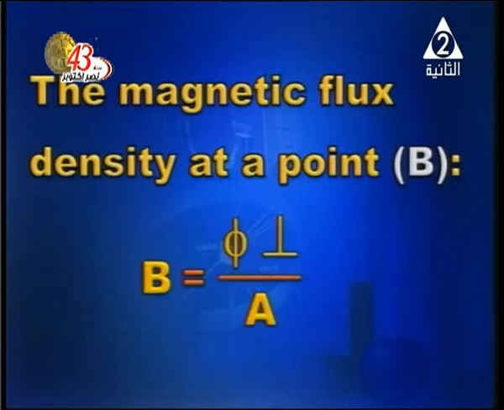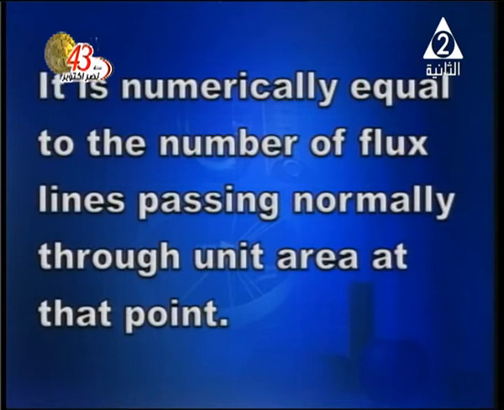First of all, it is determined by the relation phi over A. Phi is the magnetic flux, B is the magnetic flux density, A is the cross-sectional area. So magnetic flux density is numerically equal to the number of flux lines passing normally through unit area at that point.